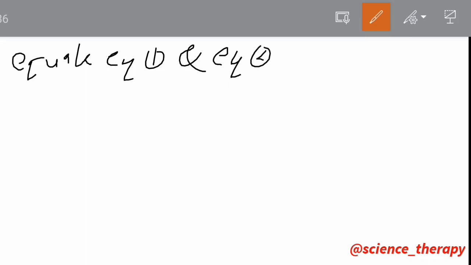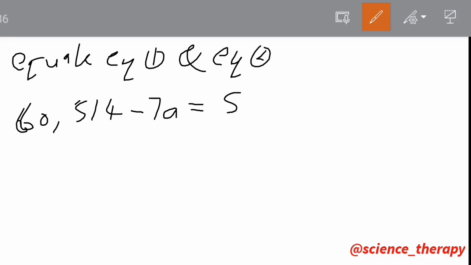So for equation 1, what do we have? We have 60.514 minus 7a, then equate that to equation 2. For equation 2, we have 5a plus 32.14.